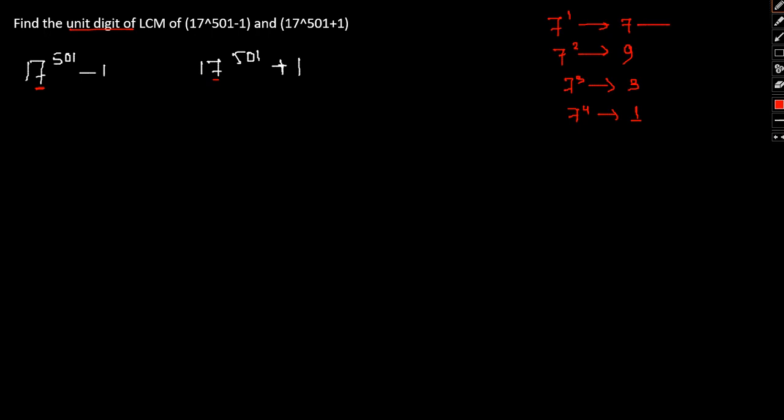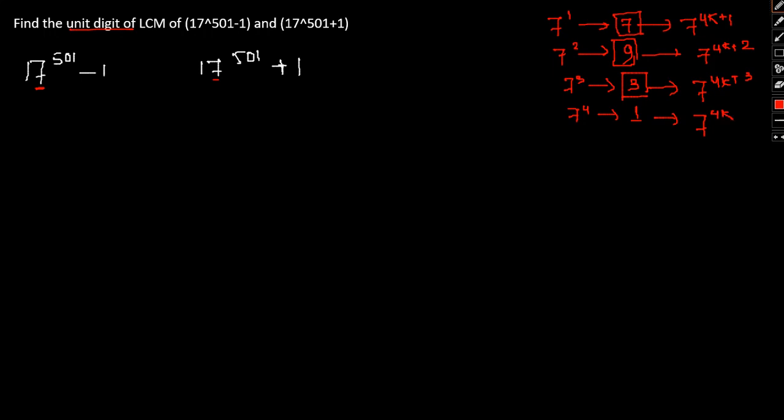Now I can generalize this. For 7 to the power 4k plus 1, the unit digit will be 7. 7 to the power 4k plus 2 has unit digit 9. 7 to the power 4k plus 3 has unit digit 3, and 7 to the power 4k has unit digit 1.